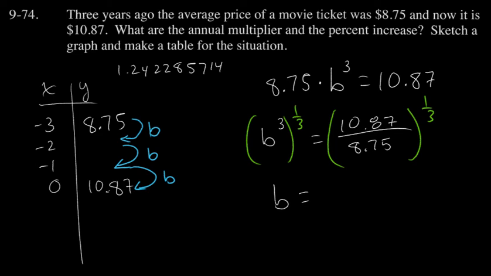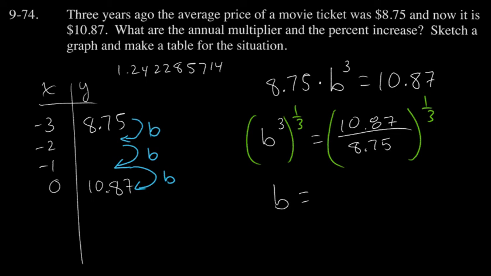I'm doing this on my physical calculator, so you don't see this, but I'm going to grab that ratio. So I'm literally entering 10.87 divided by 8.75 in parentheses on my calculator, and I'm going to raise that to the 1 divided by 3 power.